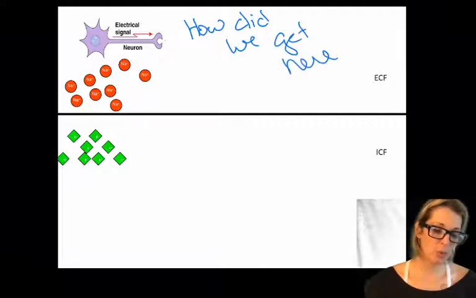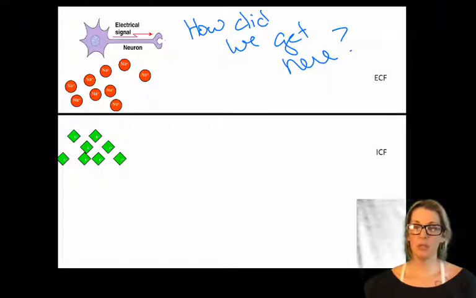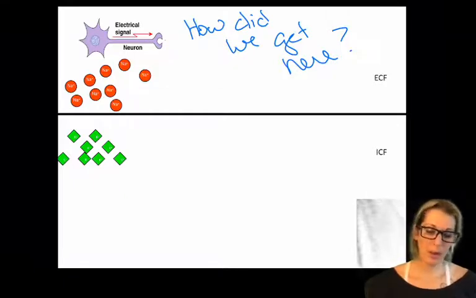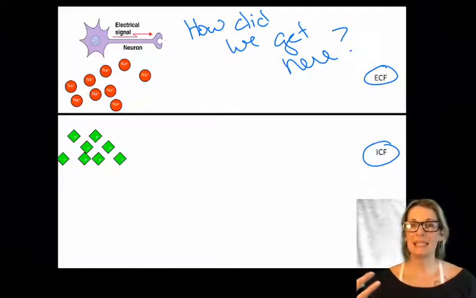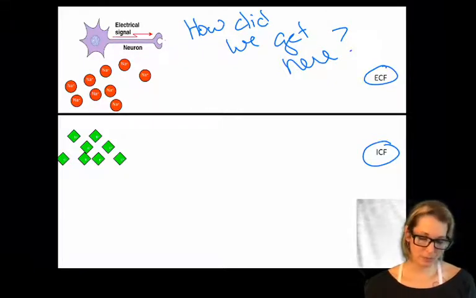How did we get to a point where we have more sodium on the outside of the cell than potassium inside, and what does that create? Reminding you that ECF is extracellular fluid, ICF is intracellular fluid. E, extra, outside. I, intra, inside of the cell.